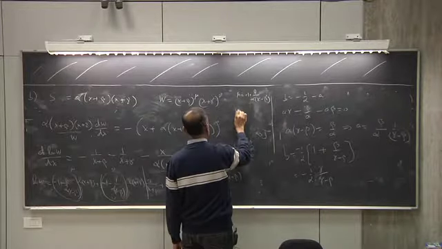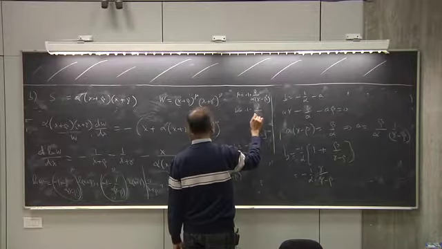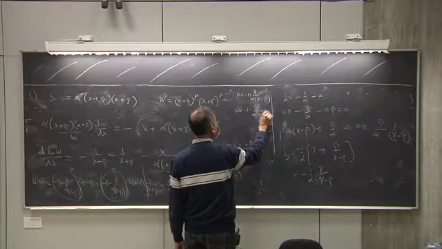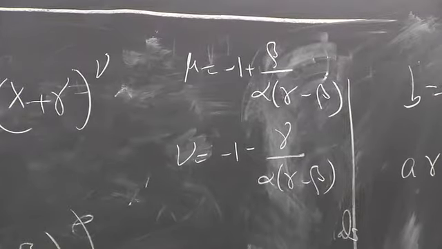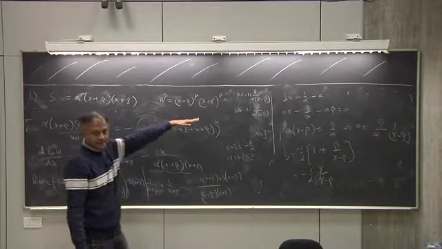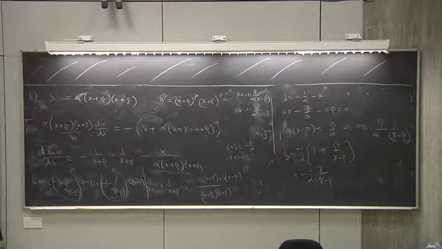And mu is minus 1 minus these two numbers. Okay, so that is the solution. If I choose S to be this, then W is that, in order to ensure that C1 is linear.